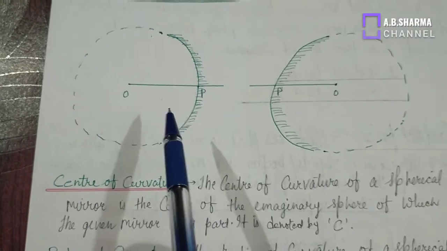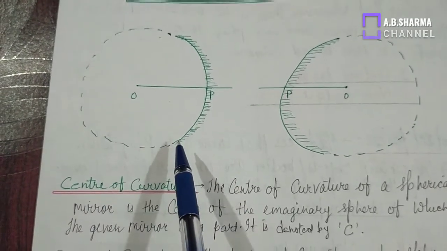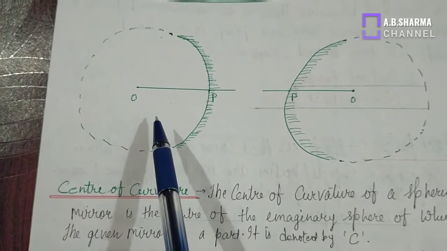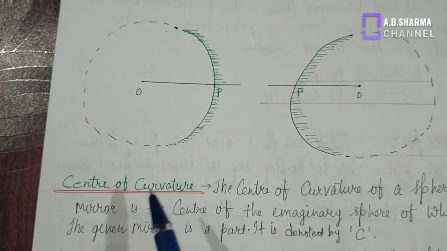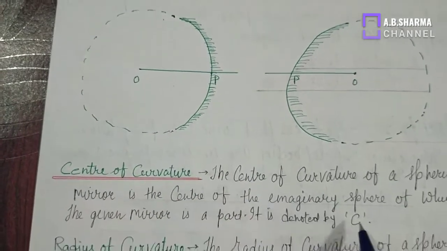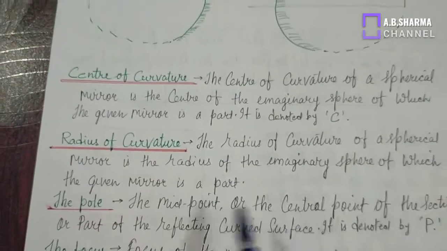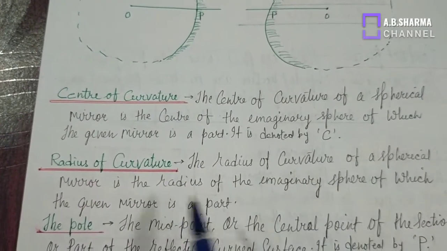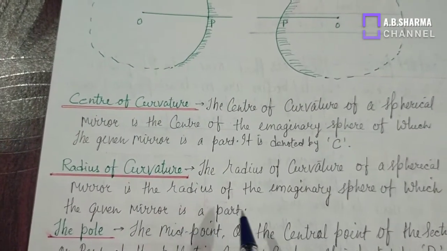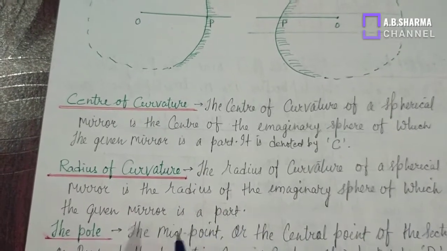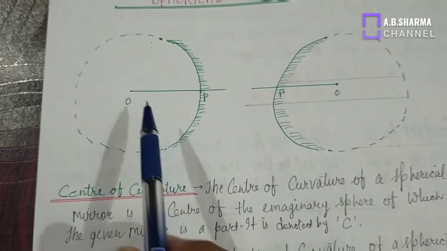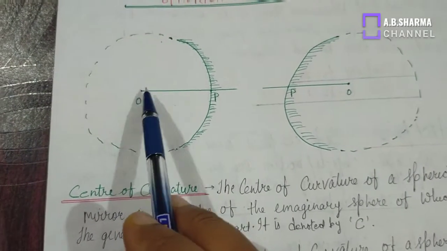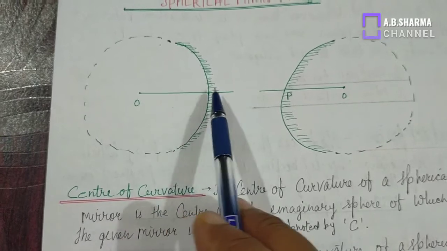It is denoted by C. Next is the radius of curvature. The radius of curvature of a spherical mirror is the radius of the imaginary sphere of which the given mirror is a part. This point is the center of curvature and this line is the radius of curvature.